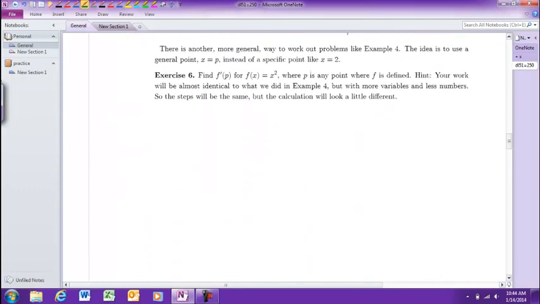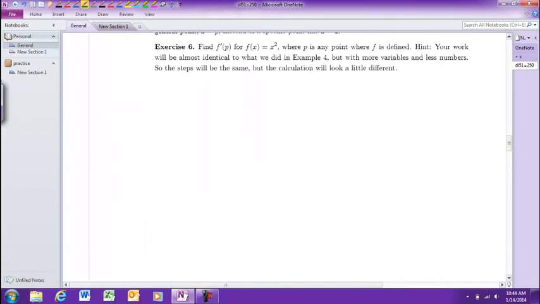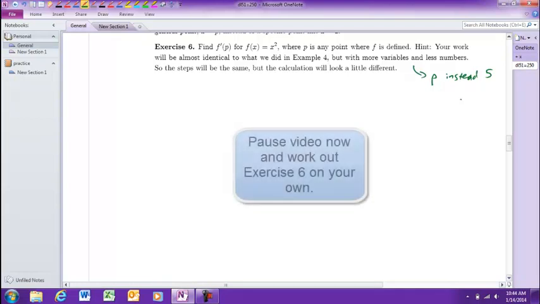And this has some nice benefits to it, as I'll explain after we do this problem. So you're going to try to do exercise 6 on your own. The work is going to be almost identical to what you did in example 4. The only difference is that instead of a 5, you're going to be just putting in the letter p and then doing the same types of calculations. So pause the video now, try it on your own, and then I will go ahead and work it out after that.